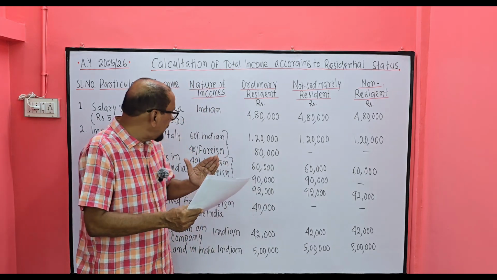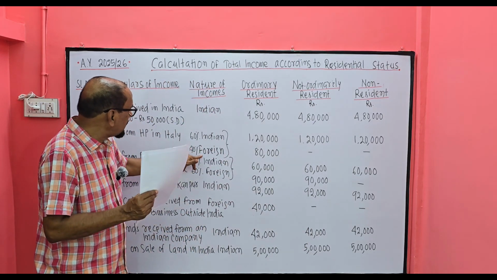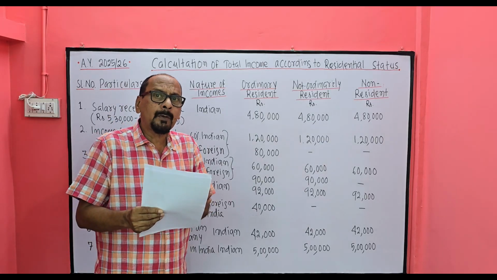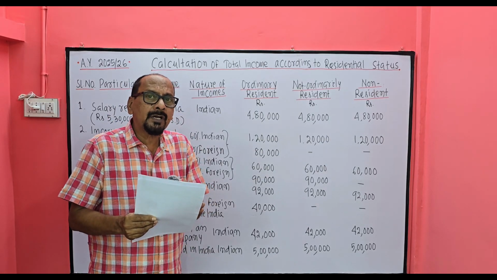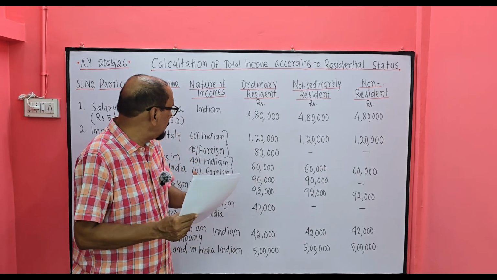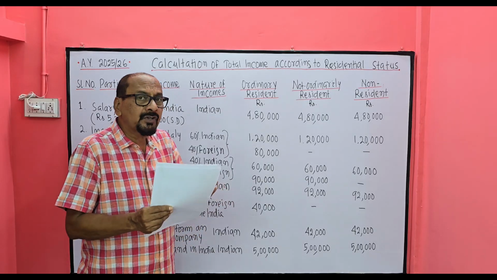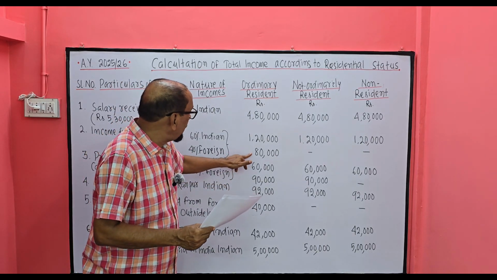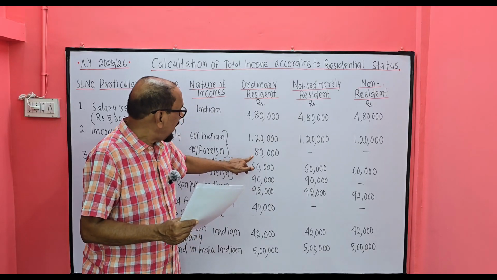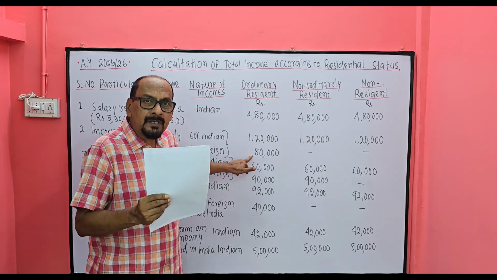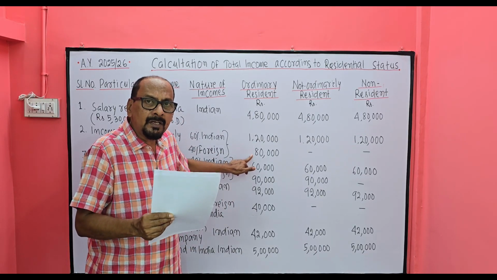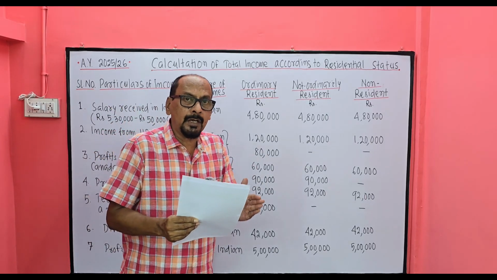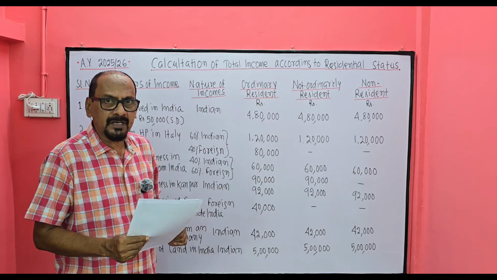The remaining 40% will be treated as foreign income, that is, 80,000, which is taxable only in case of an ordinary resident because it is a foreign income. That is the second transaction.